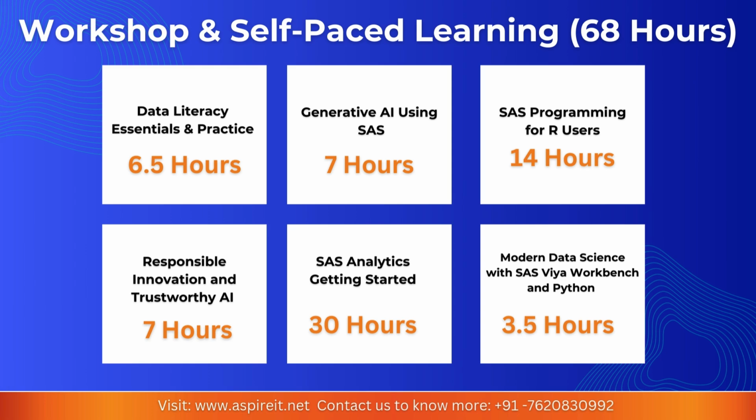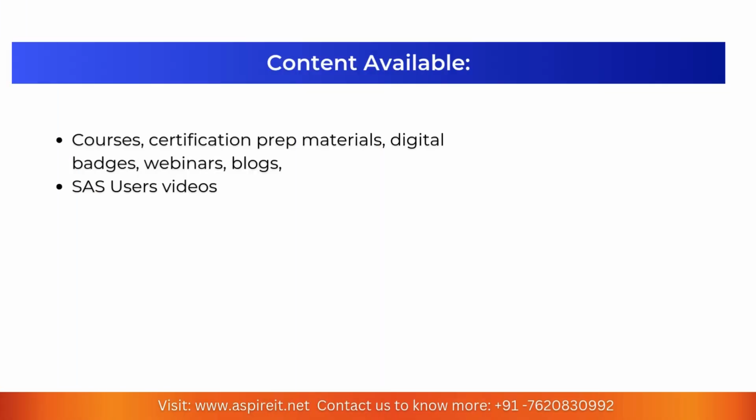Generative AI using SAS for 7 hours. SAS Programming for R Users, for 14 hours. Responsible Innovation and Trustworthy AI for 7 hours. SAS Analytics Getting Started, 30 hours. And Modern Data Science with SAS via Workbench and Python, for 3.5 hours. So this combines to make 68 hours, which is called the self-paced learning.